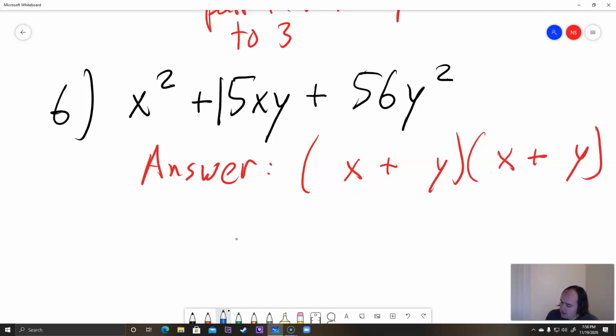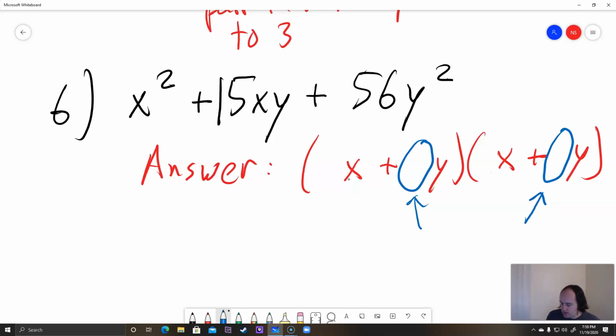Okay? And to get x squared, all we need is x and x. So that's just going to be x and x. But here, we're going to need something in front of y for each of these. So these are the numbers we need to find, is what to put there.